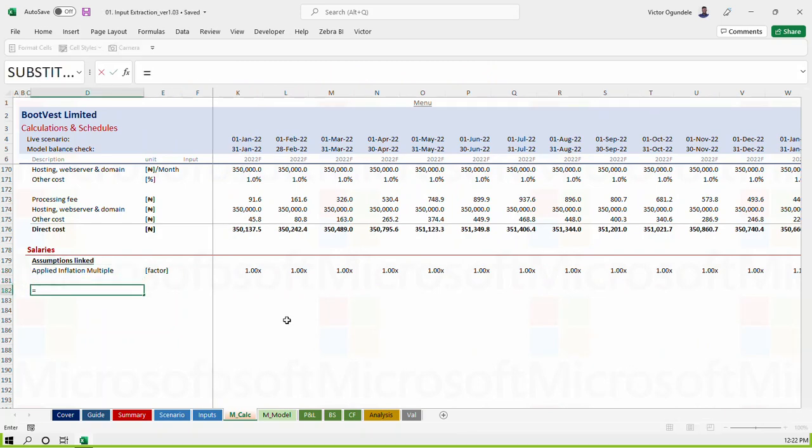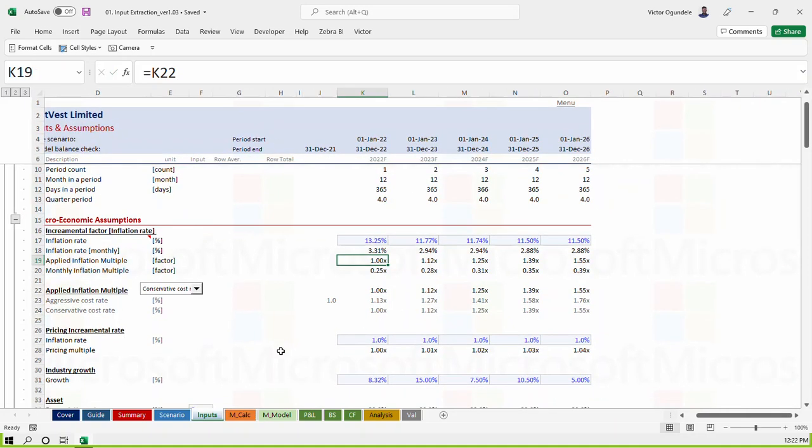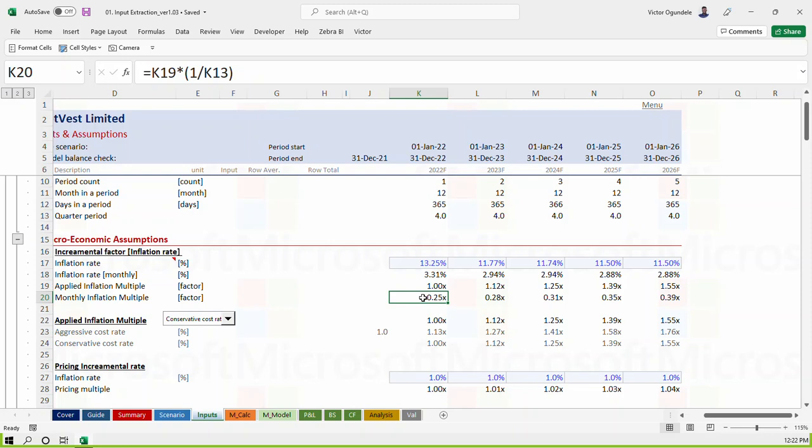Right. So number 1, we need our salaries. So let's go back straight to our salaries part. Okay, so I'm trying to look at something from this inflation part.